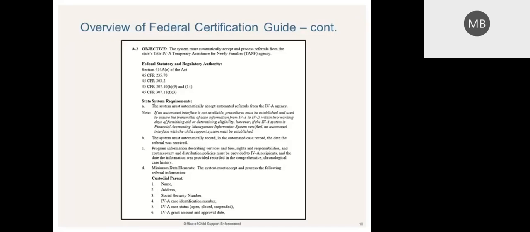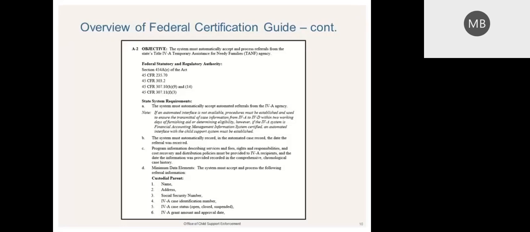The next section provides the federal statutory and regulatory authority that support the Objective A2 certification requirement. Section 454A(e) of the Act, 45 CFR 235.70, 45 CFR 303.2, 45 CFR 307.10(b)(9) and (14), 45 CFR 302.11(f)(3). The next section provides specific STIC system requirements.